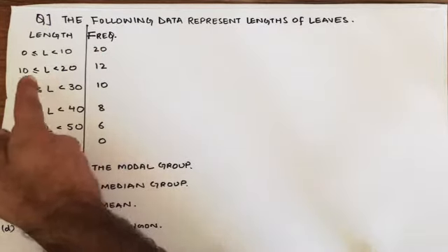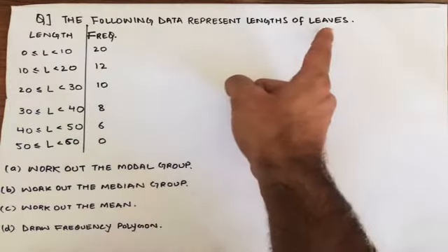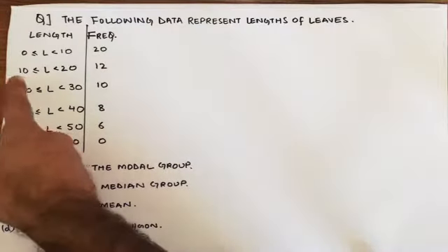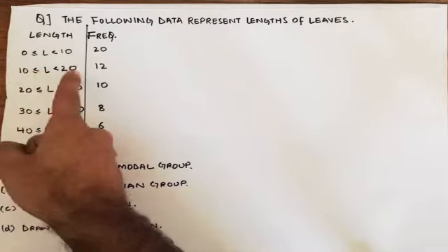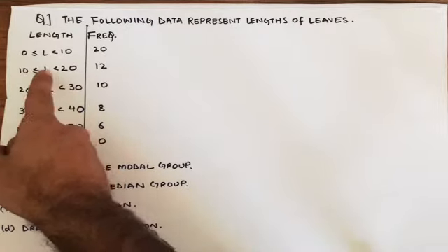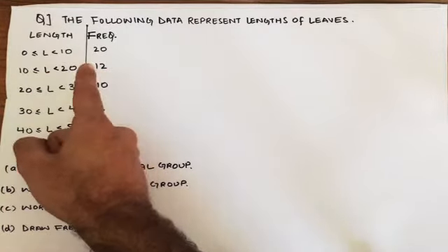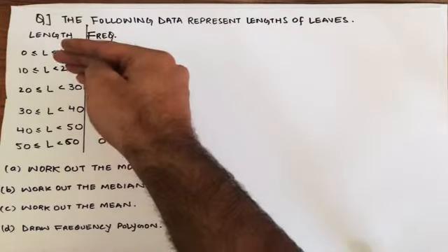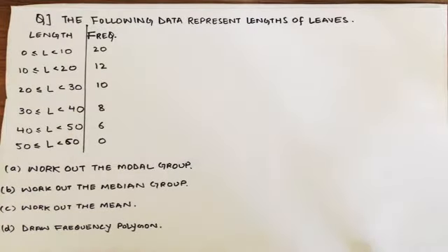The second group says there are leaves that are between the length of 10 and 20 and they occur 12 times, and the table goes on. I hope you guys got some idea of what the chart is trying to say.